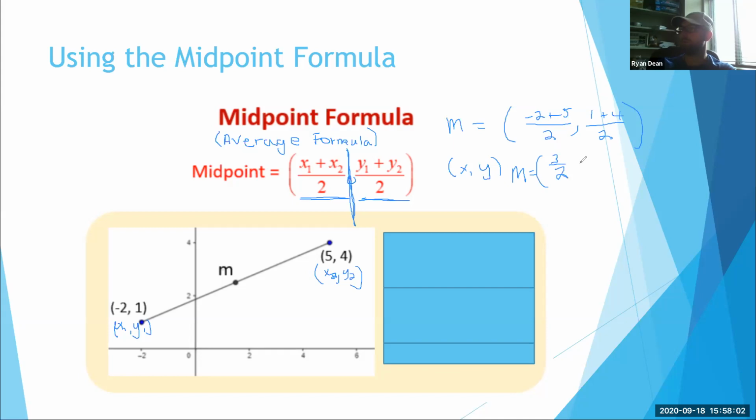Negative 2 plus 5 is 3. And 1 plus 4 is 5 divided by 2. So this right here would be our answer. If you wanted to put it into decimal form, this would end up being 1.5 comma 2.5, but we can leave it as a fraction and that's perfectly fine.